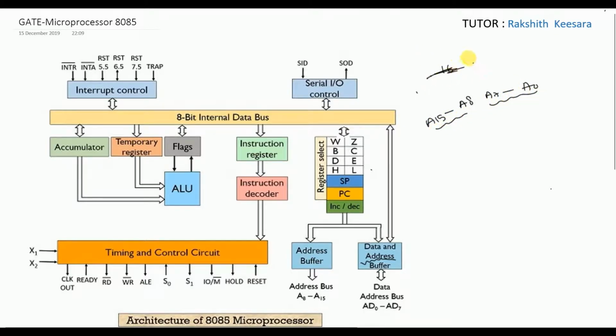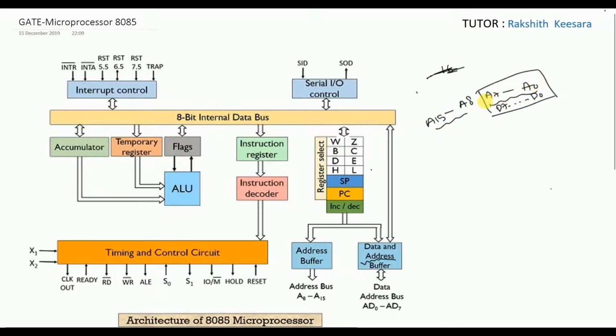Next, I also said that data is of 8 bits, so it will have 8 lines. So what Intel did is, it multiplexed the data lines with the address lines. So these lines not only send the address, they will also send data, D0 to D7.